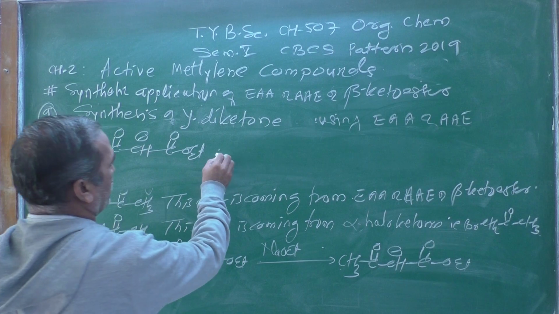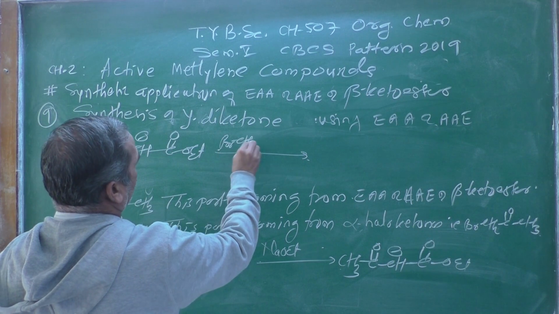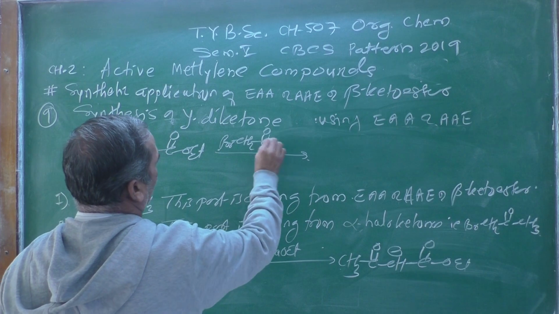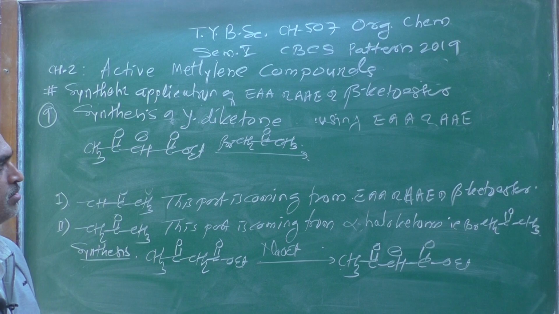When this carbanion forms, it can attack Br, CH2, C double bond O, CH3. This is alpha bromo ketone, or bromoacetone.